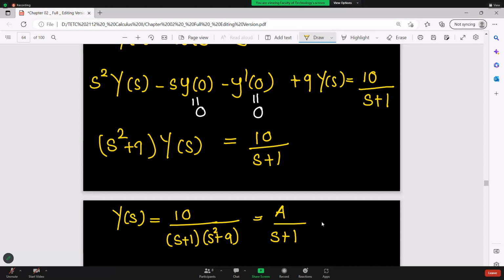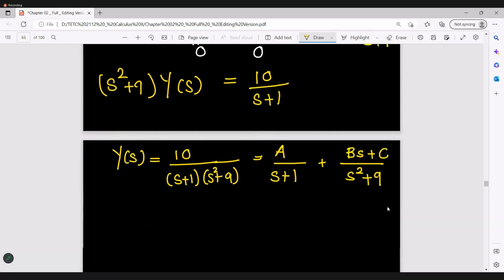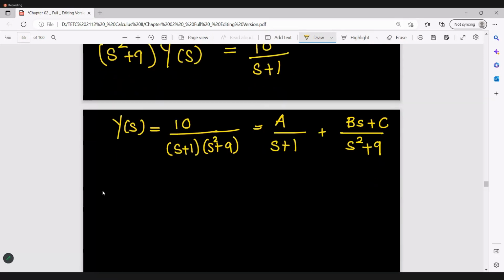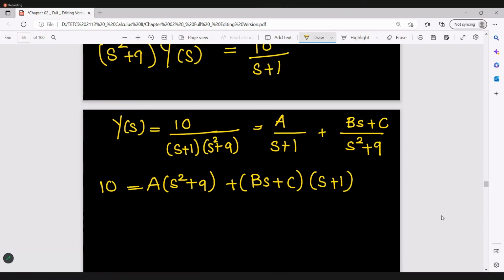So how to write the numerator then? Denominator is S squared plus 9. The numerator is BS plus C. So we can write 10 is equal to A times S squared plus 9 plus BS plus C times S plus 1. So find those three coefficients.